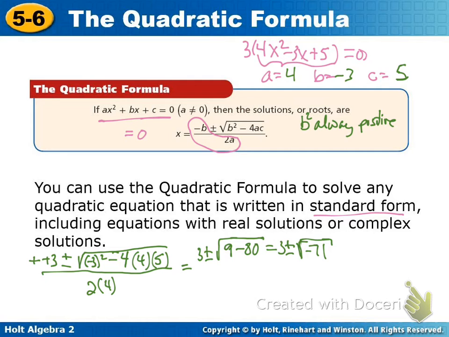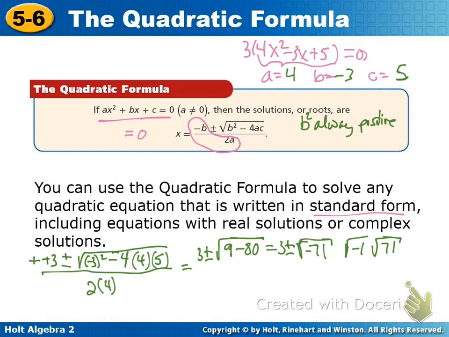Now, is this in simplified form? No. Why? Because it is a negative. Now, think back to when we did these. How do we split this up? For the negative, we do the negative 1 times the square root of 71.